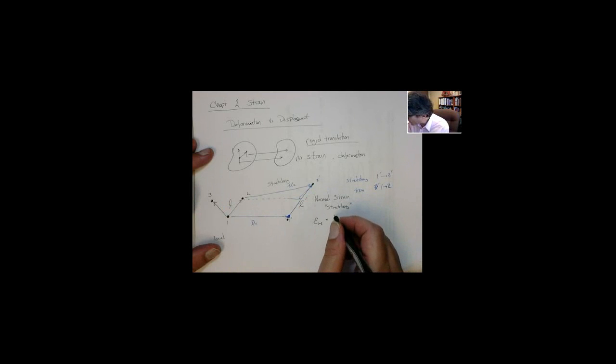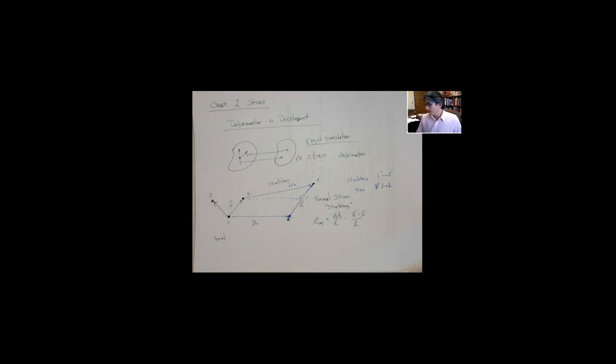It's the change in length over the original length, or L prime minus L over L. And mathematically, we actually consider the limit as L goes to 0, and you can get the strain at a point, and that's the derivative of the displacement field with respect to x. Okay? That's actually the strain as you take the limit. Okay?